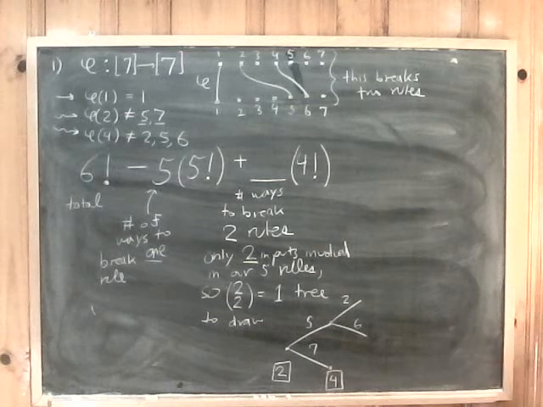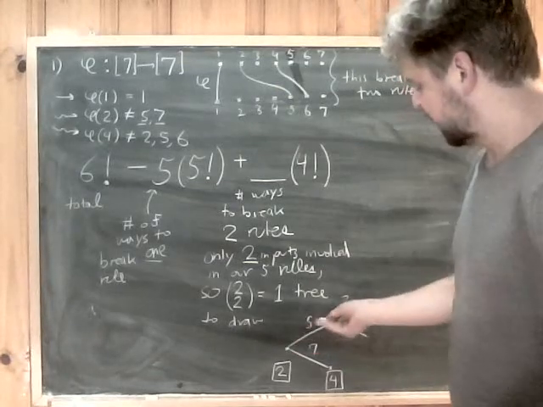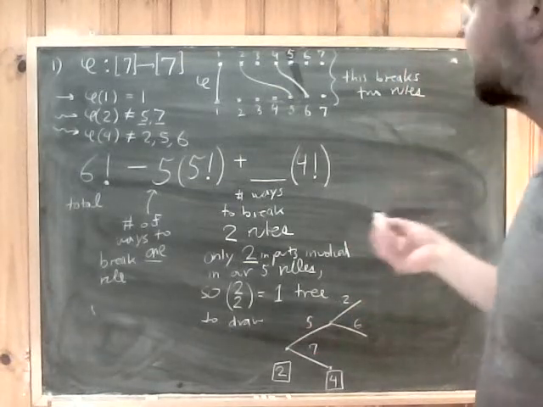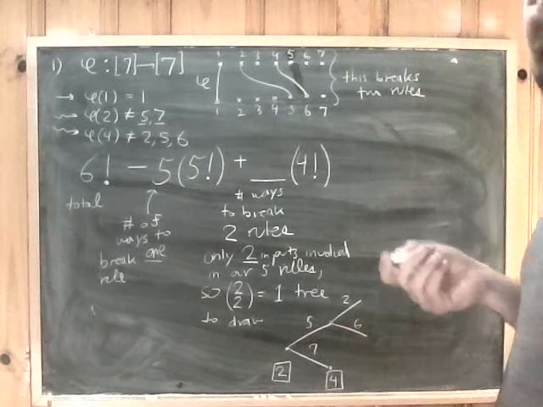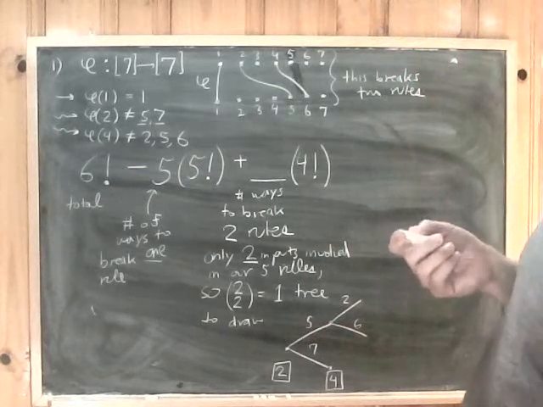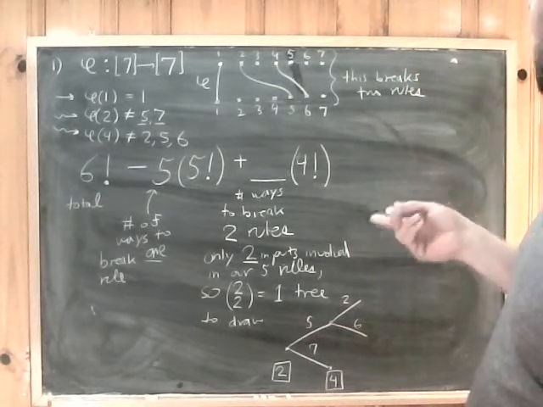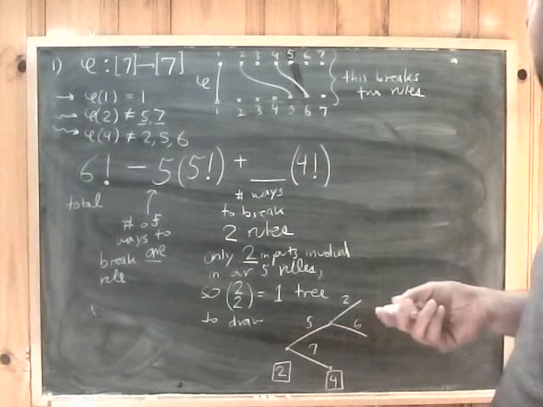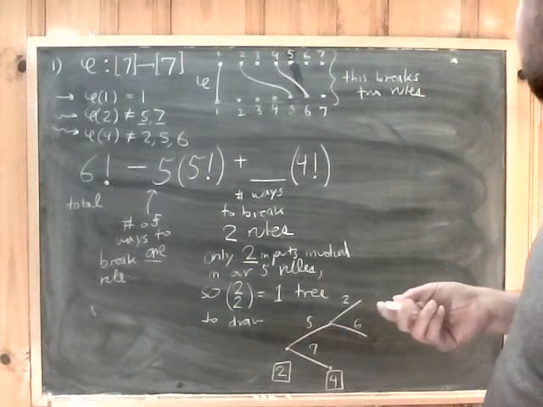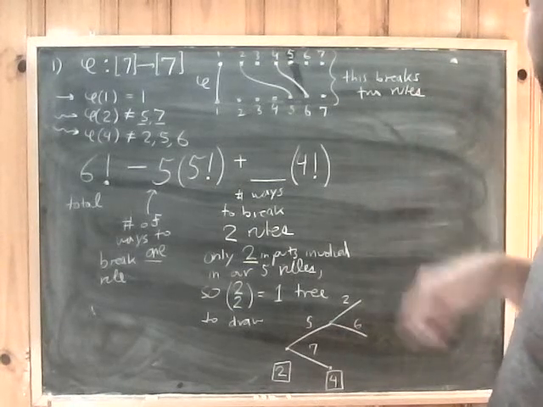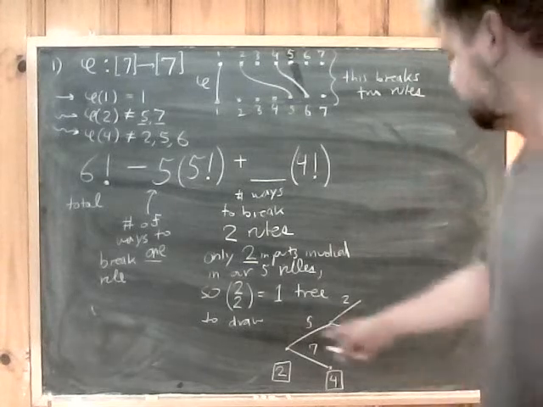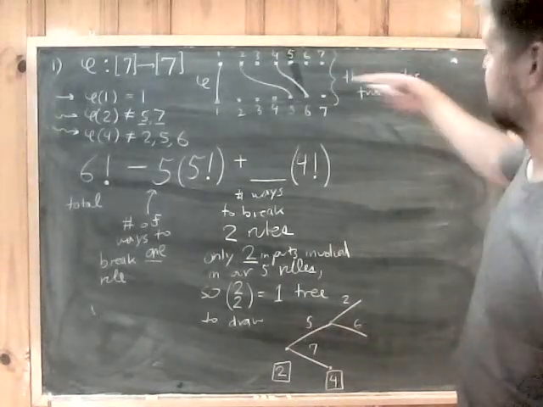It's not allowed to put 5 twice on these options because the permutation is 1 to 1. I can't send 2 to 5 and 4 to 5. That's no good. I can send 2 to 5 and 4 to 6. In fact, 2 to 5 and 4 to 6 would be this picture up here.